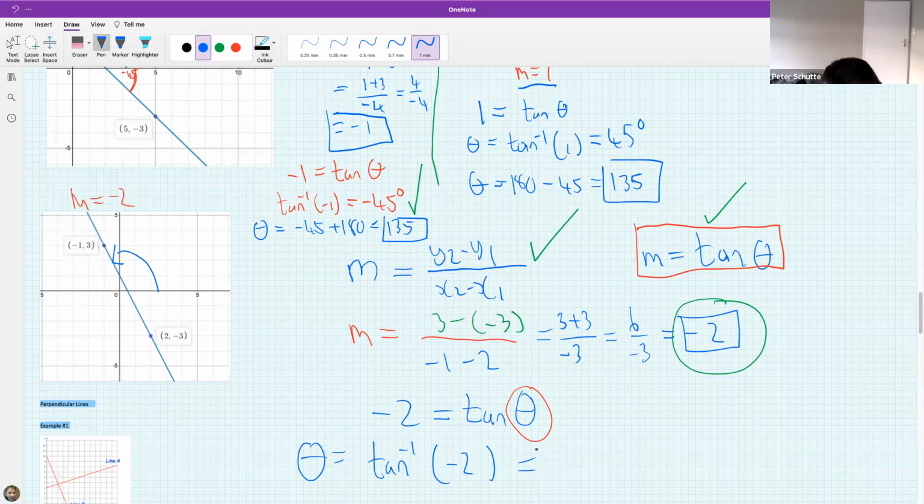So we got shift tan minus 2. What do you get? So I think I get minus 63.43. Would you get that?